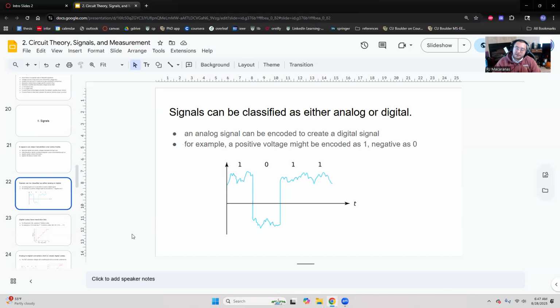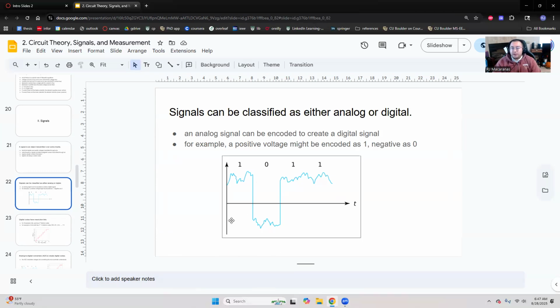Signals can be classified as either analog or digital. Analog signals can be encoded to create a digital signal. A digital signal is something that can only take a discrete number of states. For example, maybe those states are binary, one and zero.